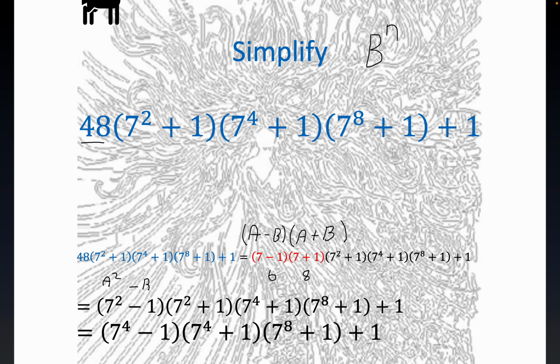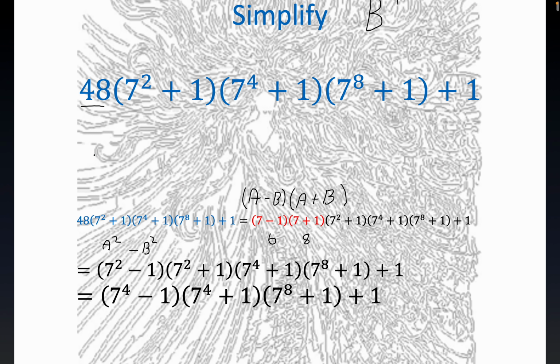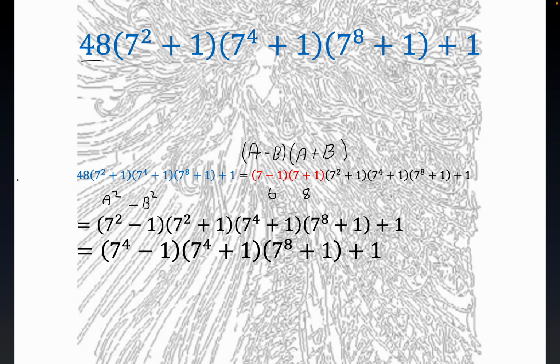Now the rest of it's kind of neat. It falls out pretty nicely, but to me it's a miracle that this constant 48, once you see it, you go, duh. But when you first look at a problem like this, you look at 48, you're going, huh? But anyway, right here, we do the difference of two squares formula again. When you combine these two parenthetical expressions, you get 7 to the 4th minus 1, right? And now you have the difference of two squares working a power up. So what is this?